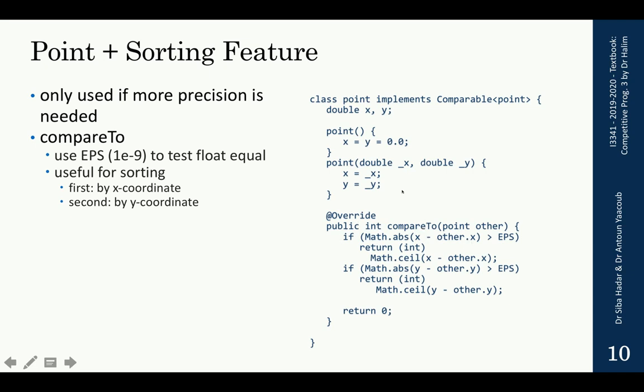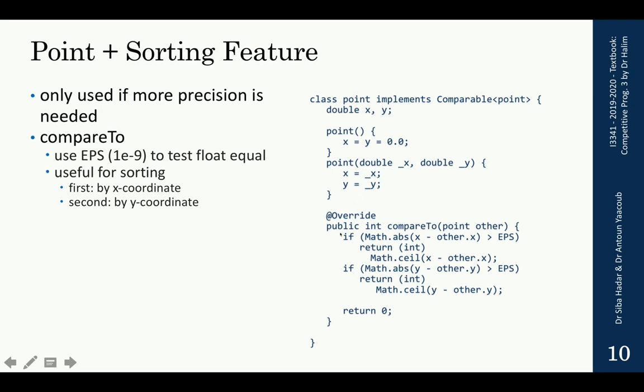So if they are different, you return the ceiling of their difference. If they are equal, you then compare the y's. If the x's and y's are equal, you return 0. Otherwise, you return also the ceiling of their difference.